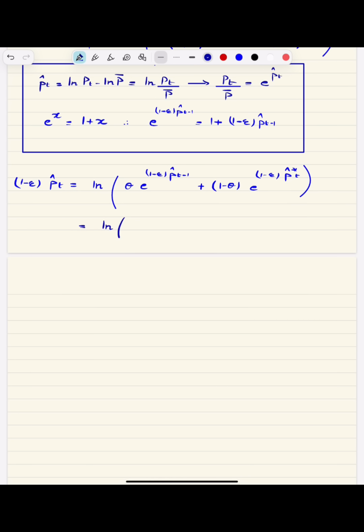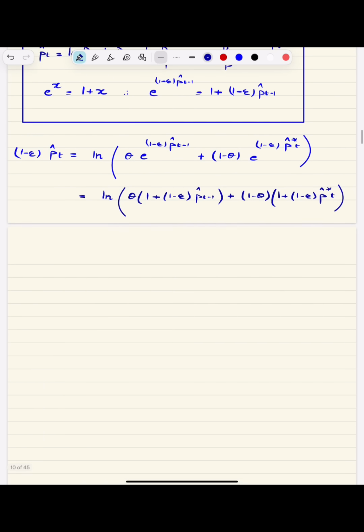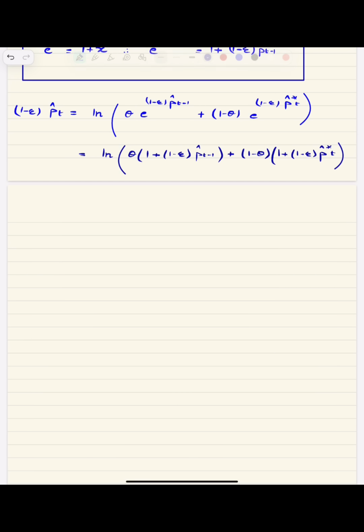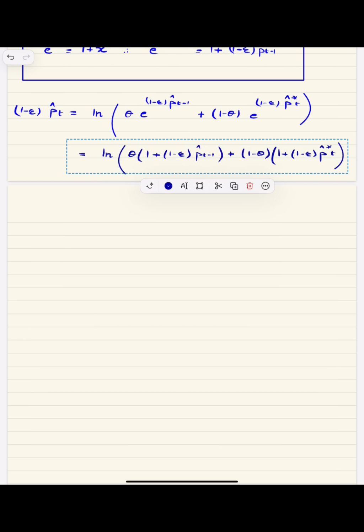I'll have an ln of theta times 1 plus 1 minus epsilon p-hat_{t-1} plus 1 minus theta times 1 plus 1 minus epsilon into p-hat star_t. Okay, good. Let's move this on to the next page.